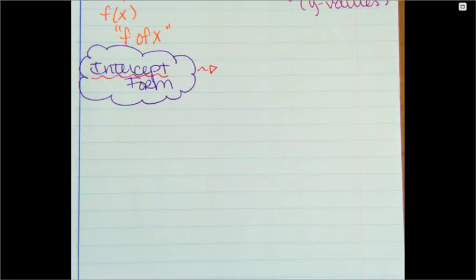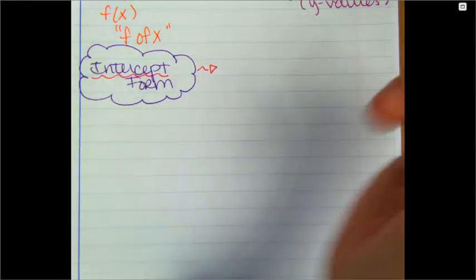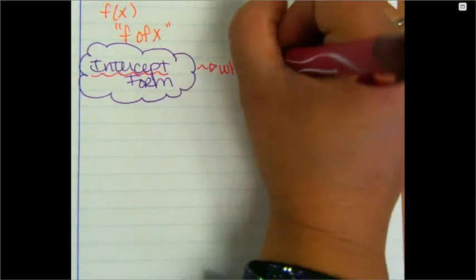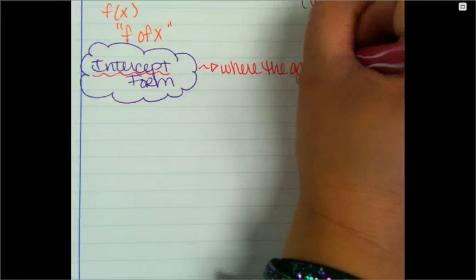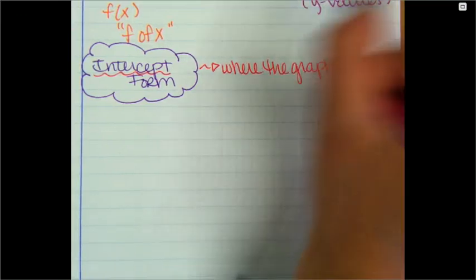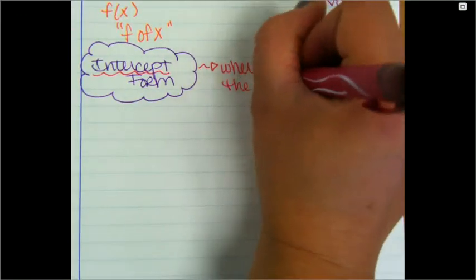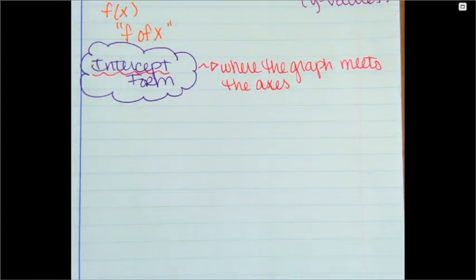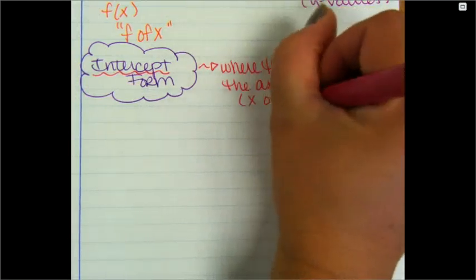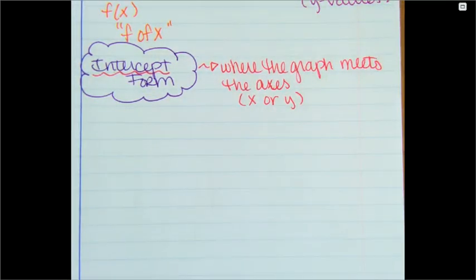Where your graph, let's use the word graph because it's not a line, where your graph meets or crosses the y-axis or the x-axis, right? So it's where the graph meets the axes. Axes is just plural for more than one axis. It's either x or it's y.